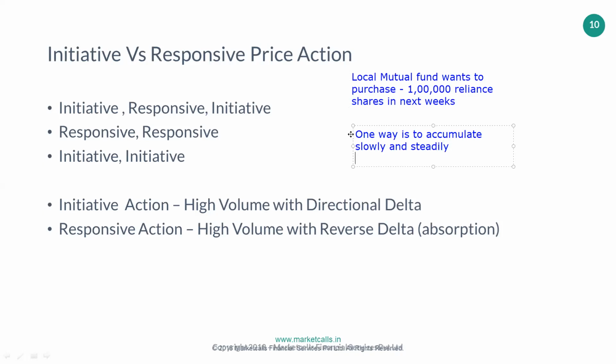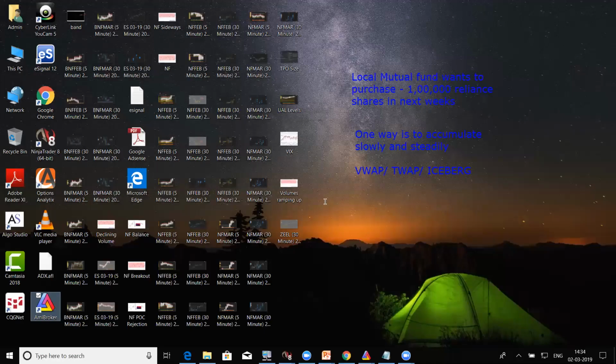In the markets, there are a couple of algorithms: VWAP algorithms, TWAP algorithms, and iceberg orders. Many algorithms are there for institutions. If you want to understand what kinds of algorithms there are, I can give you a document which is available on the internet.